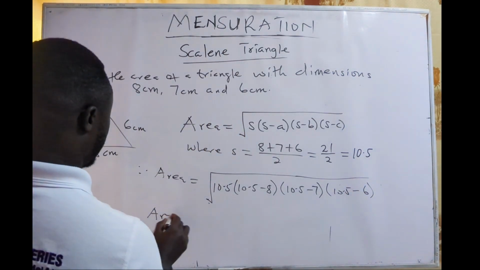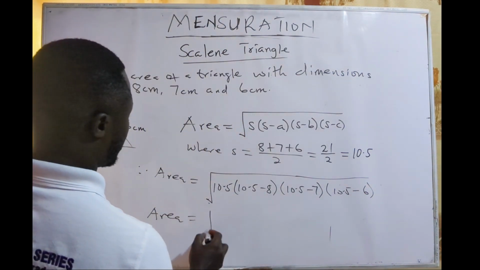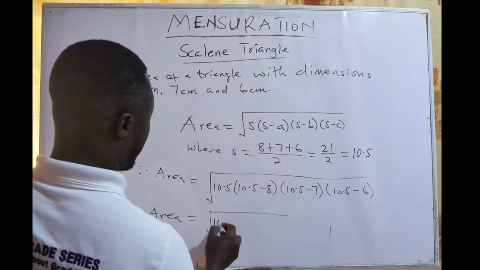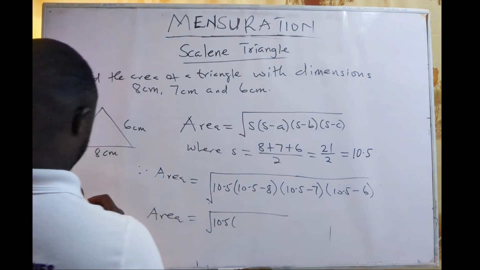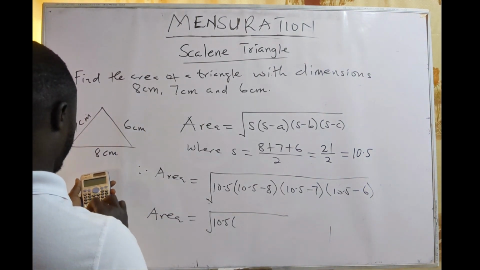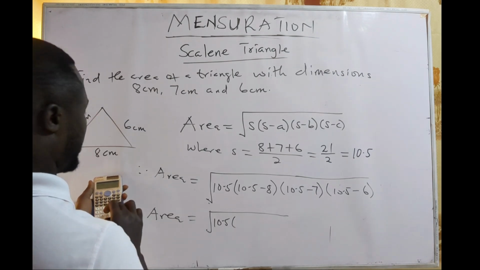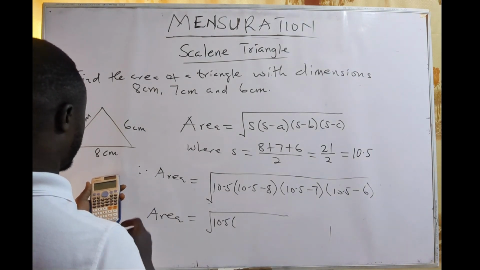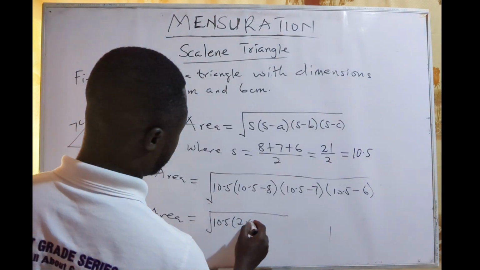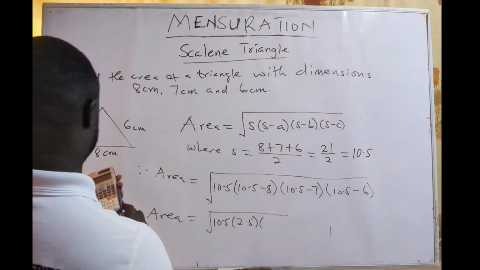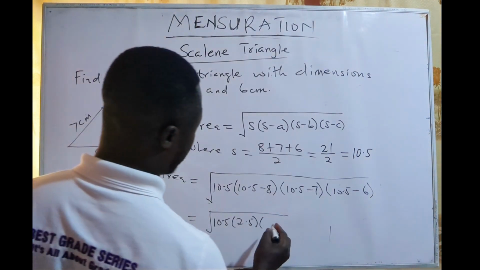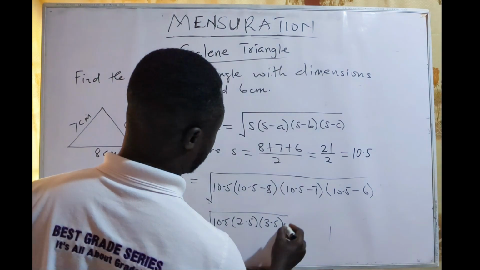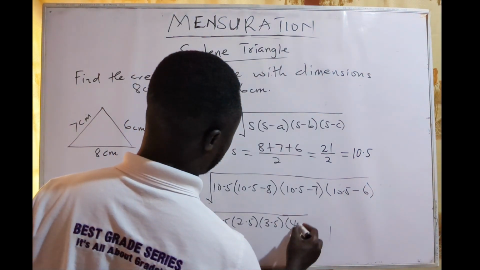So my area will be equal to the square root of 10.5 multiplied by, 10.5 minus 8, that gives us 2.5, minus 7, 3.5, and minus 6, 4.5.